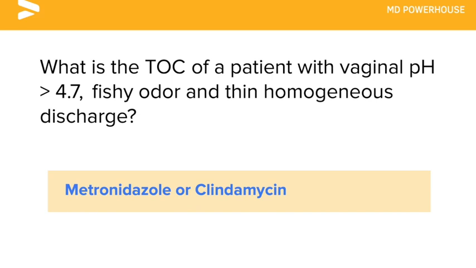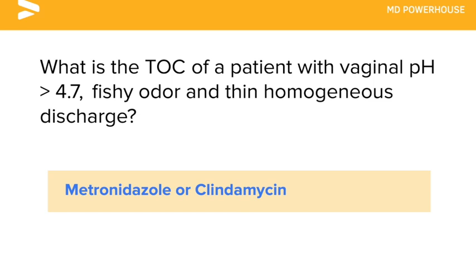So in this question, it is describing 3 of the 4 criteria listed in Amsel's criteria, and this is used for bacterial vaginosis. And again, if you have a question that states a patient is being treated for BV and they develop dizziness, headaches, or even faint, you can think of a disulfiram-like reaction that occurred because the patient consumed alcohol.